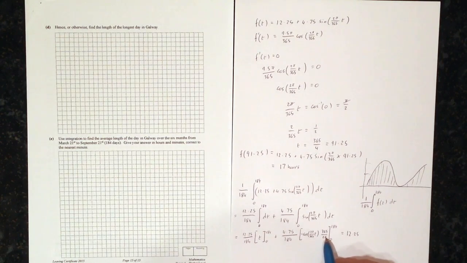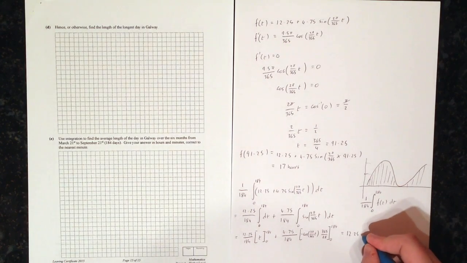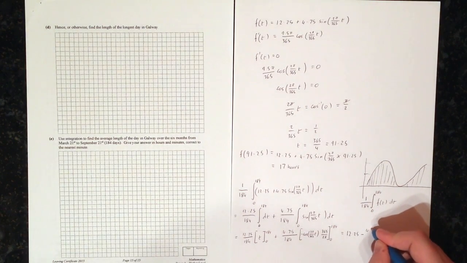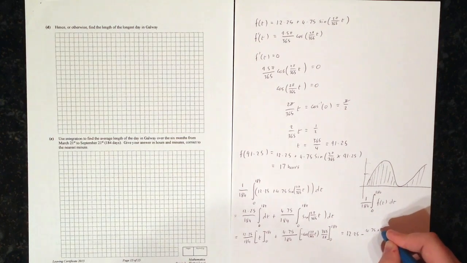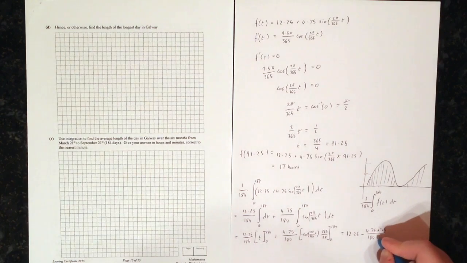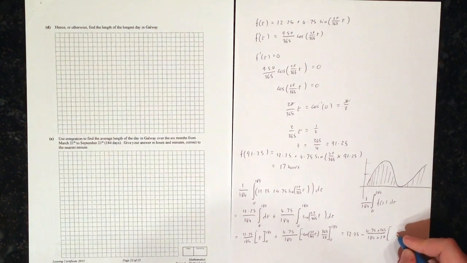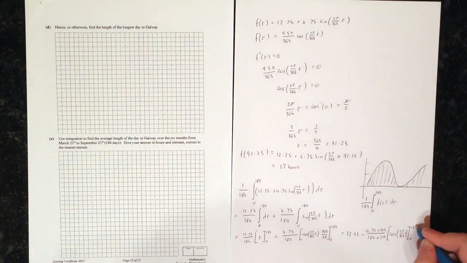So that will be 12.25. Then here we're going to be able to bring all of the constants outside of these brackets. So this will be minus 4.75 times 365 over 184 times 2 pi, multiplied by cos of 2 pi over 365 times t, and that will still be evaluated from 0 to 184.